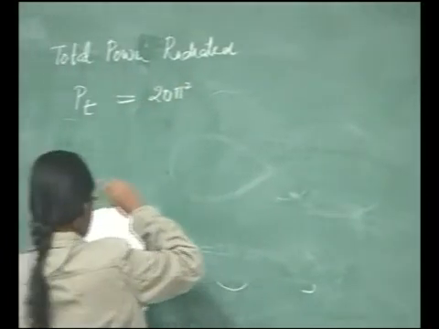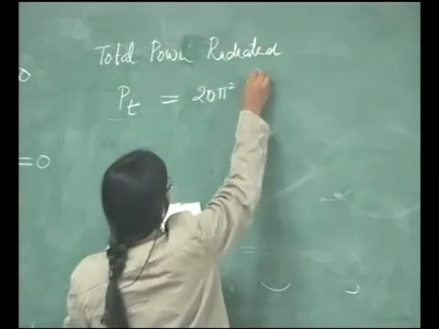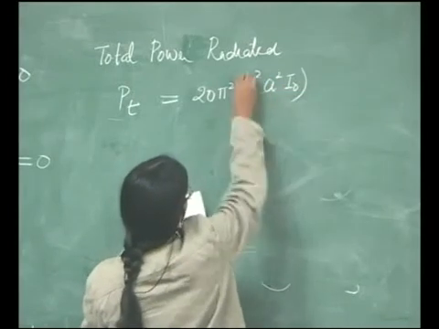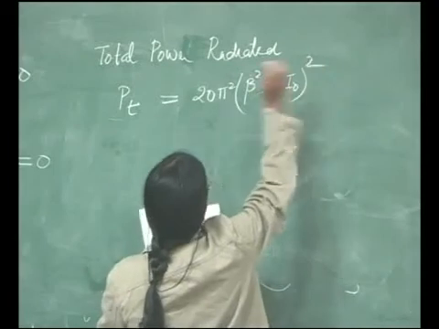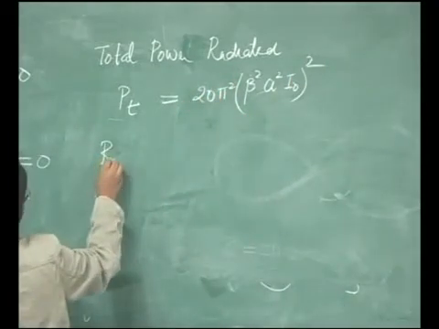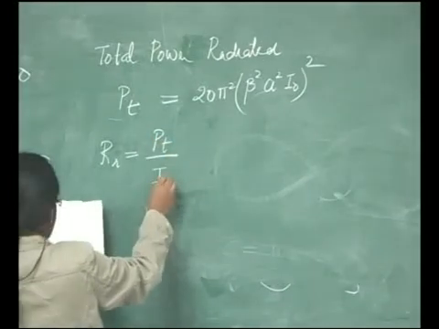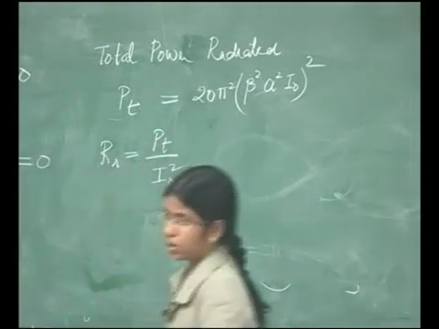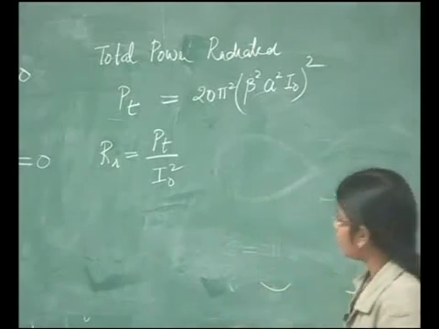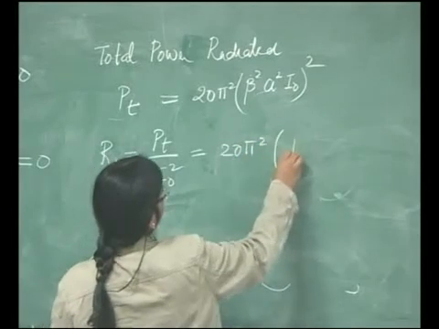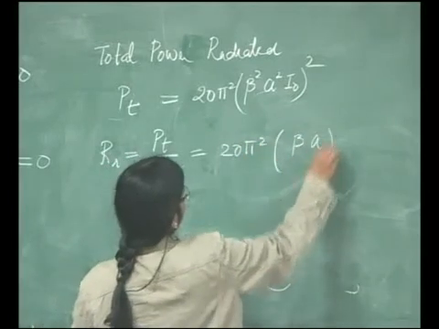Pt is equal to 20 pi square beta square a square I0 to the power 2, or I can say that radiation resistance Rr is Pt divided by I0 square, okay, I0 square. So, I have 20 pi square beta a whole 4.